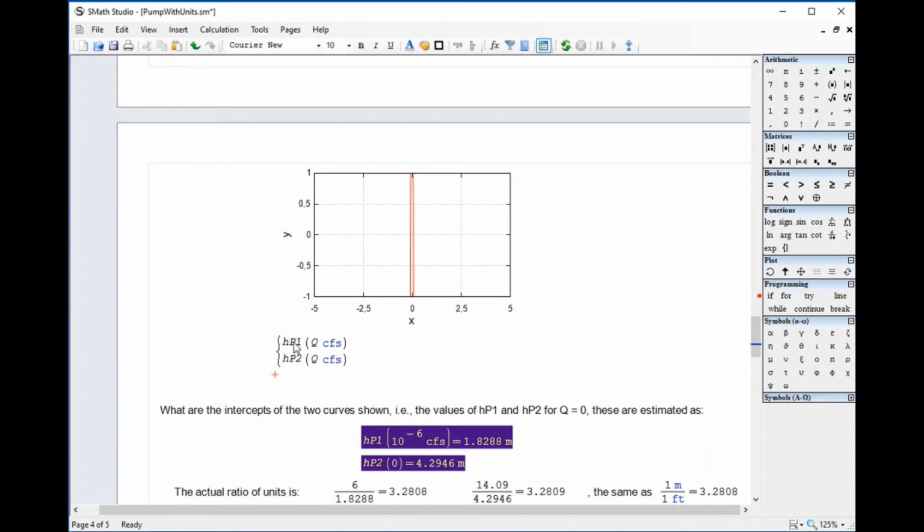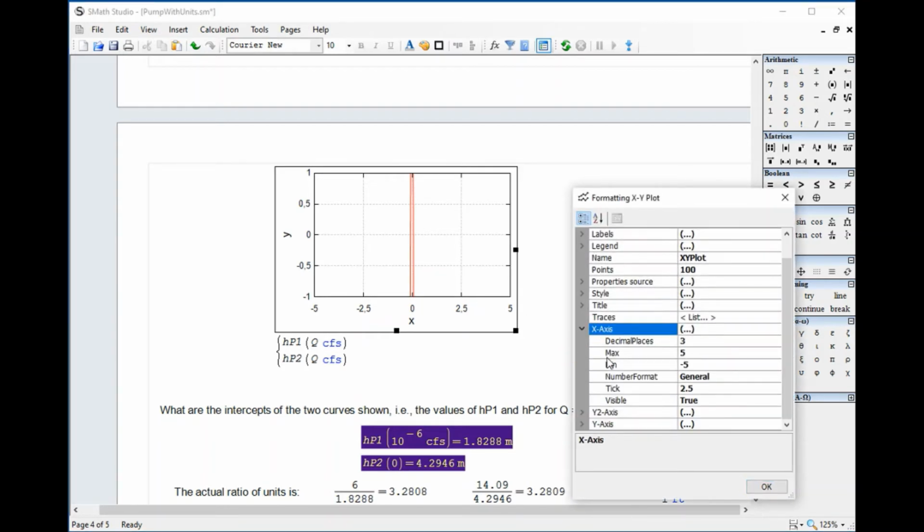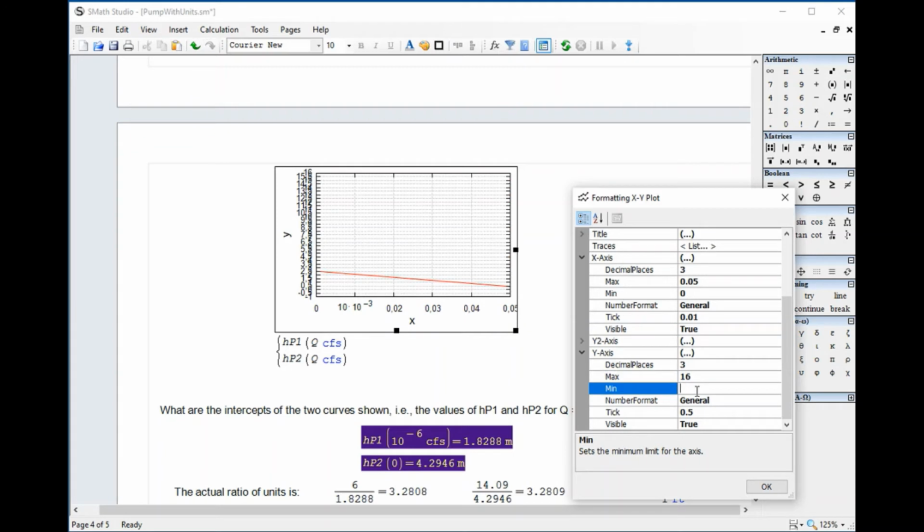And it gives me the narrow value. We're going to modify the x-axis to go from 0 to 0.05 in increments of 0.01. And for y, we go up to 16, I believe, so the maximum will be 16, minimum 0, in increments of 2.